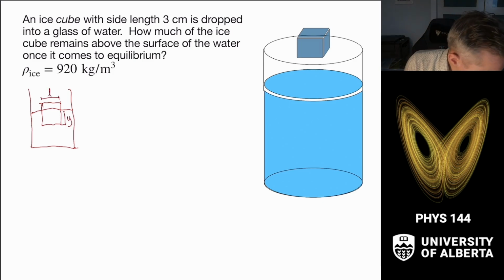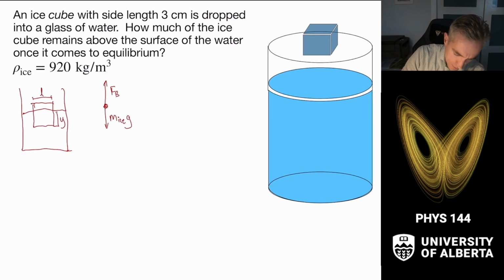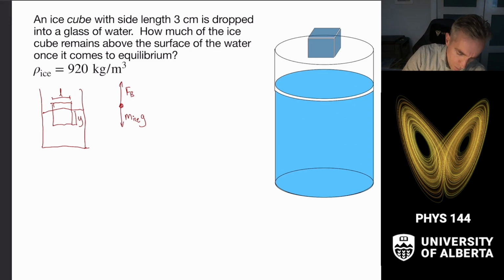And from here, I want to figure out what the forces are. We know it's going to be in equilibrium, so there'll be a buoyancy force pushing up, and that's going to balance the weight of the ice cube pushing down. So the buoyancy force is just going to be the volume of the displaced water.